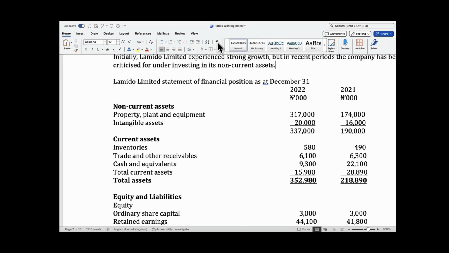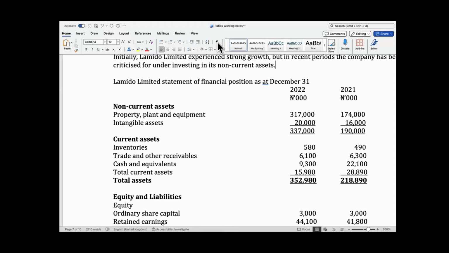Another one is that EPS figures can easily be affected by inflation. When you do your computations in a hyperinflationary environment where prices are high, it can distort the EPS figures.